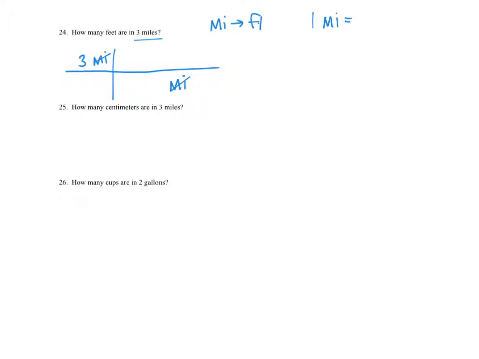1 mile equals 5,280 feet. So miles is already crossed out. What I'm looking for, feet, goes on the top. And it's just a 1-stepper here. Now remember, the number and the unit have to match. So 1 is with mile. That goes on the bottom now. 5,280 is with feet.